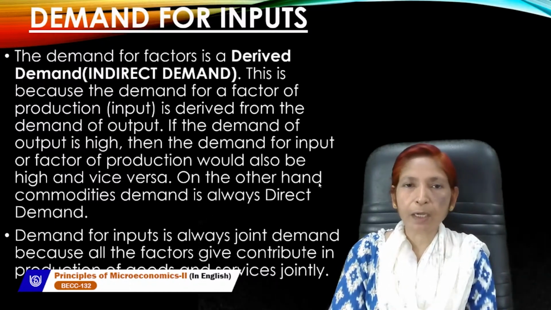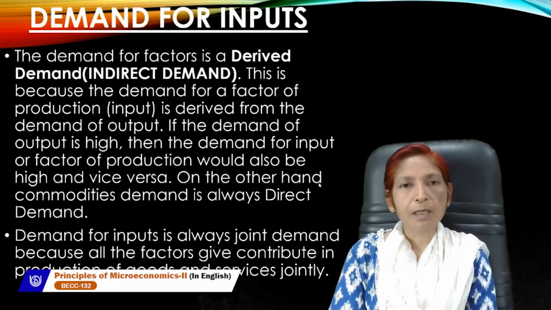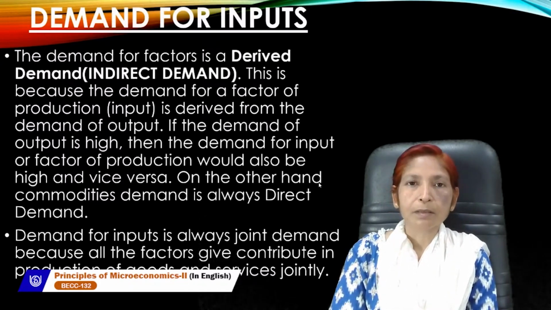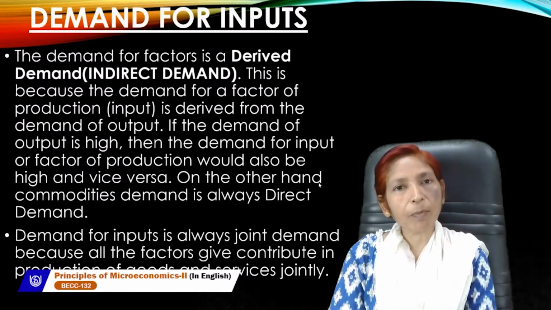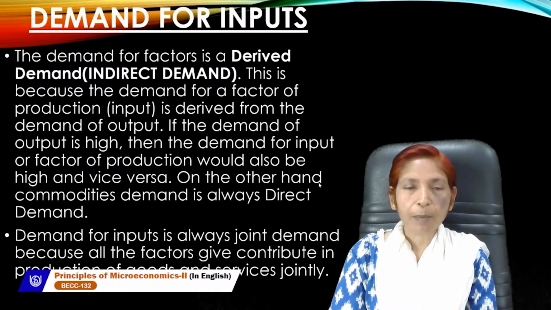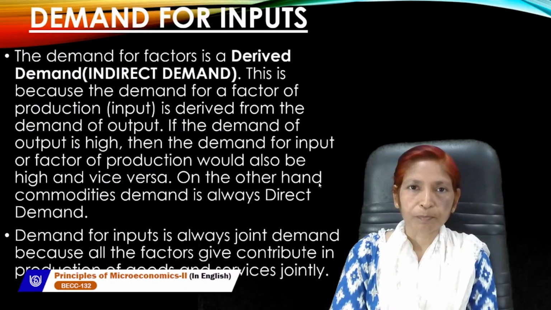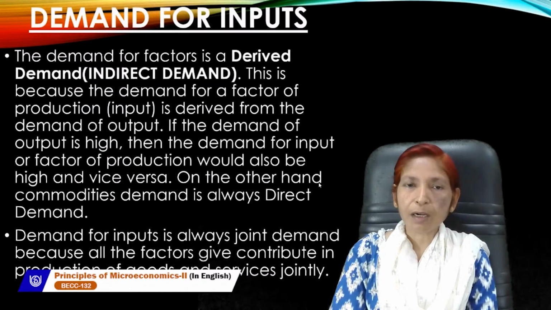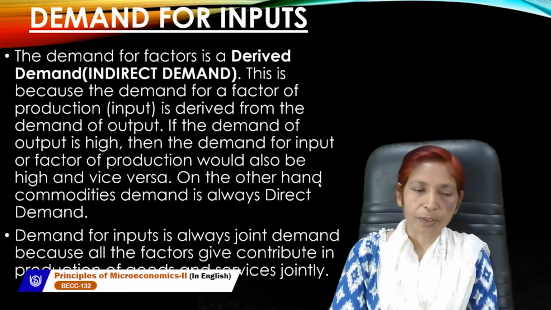Goods demand may be independent or may occur separately. But factors demand will always be made by the producer in a joint way. Because if we want to produce any commodity, we need all these factors of production like land, labor, capital, and entrepreneur. Without any factor of production, we can't produce output.